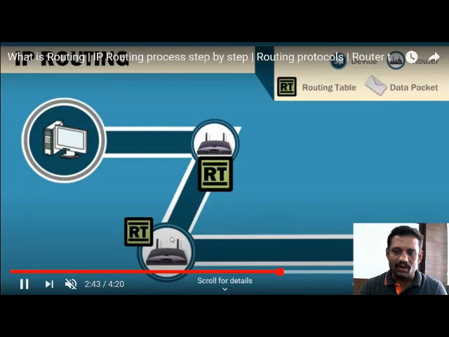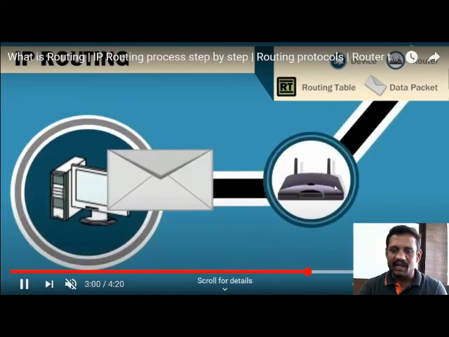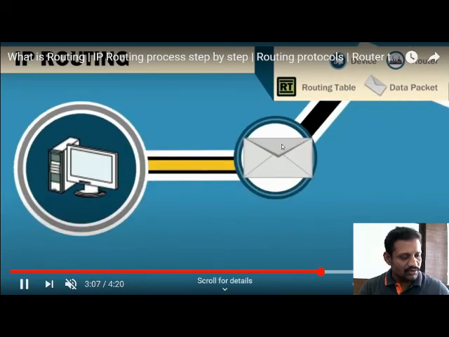The same thing is explained once again. This is the source, a host. The host packet wants to reach a destination with one IP address. That packet travels to the next router, or neighbor router. That router identifies the destination address, checks it against the routing table, and the routing table forwards it to the next router.